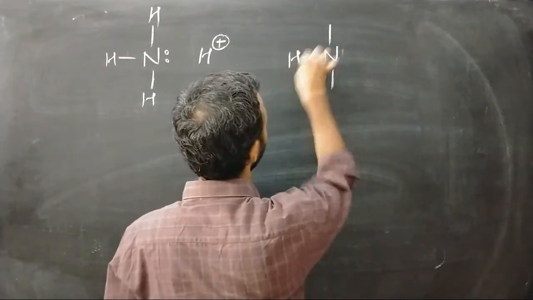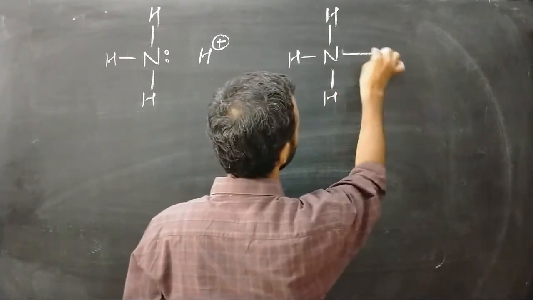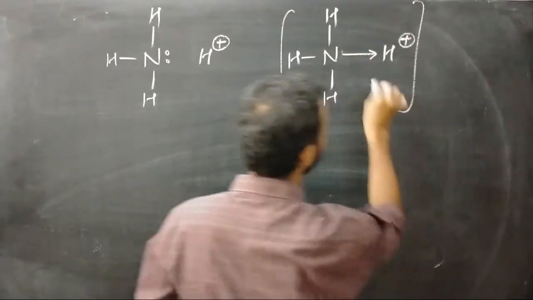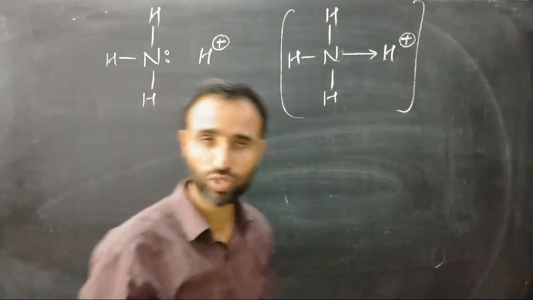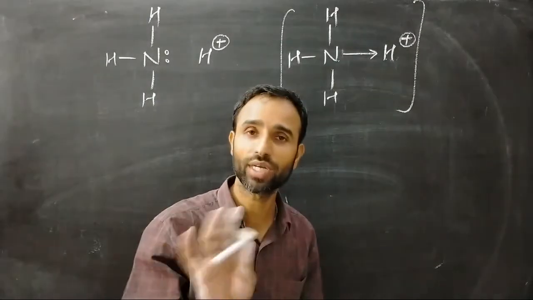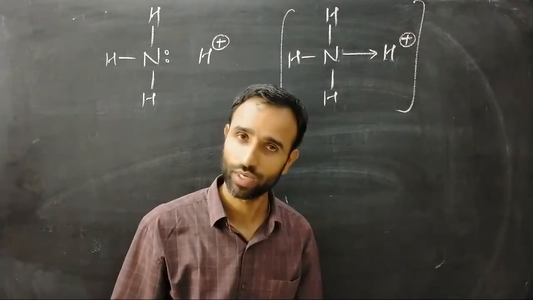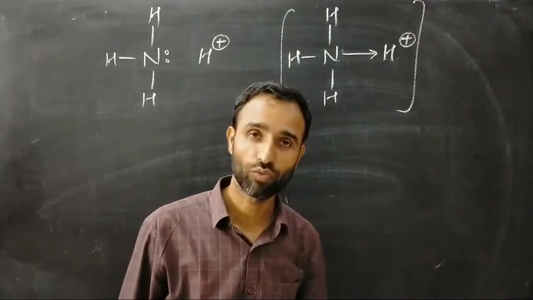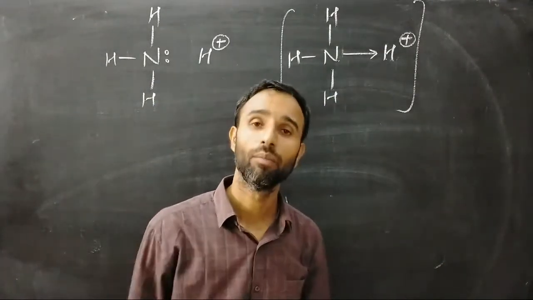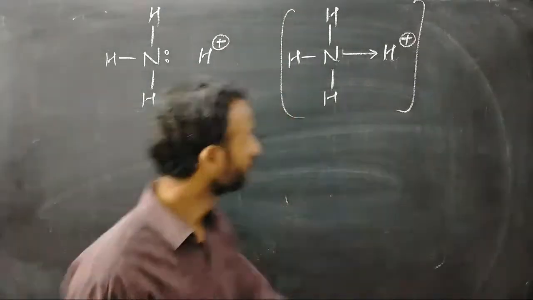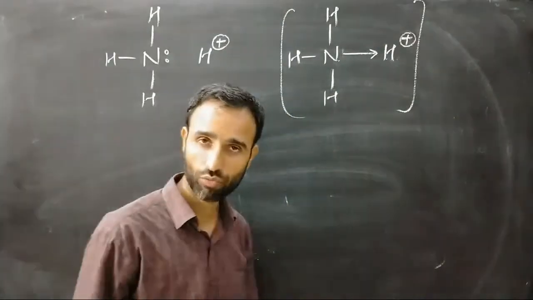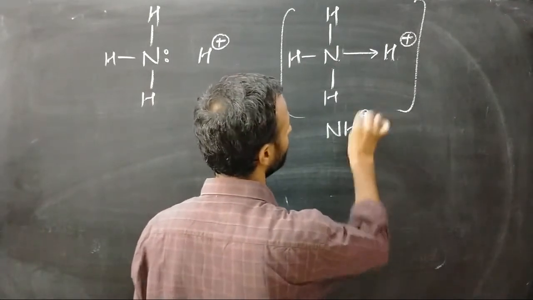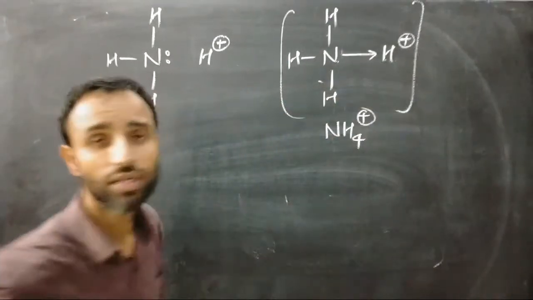So if it forms a bond with H plus, there should be a coordinate bond, because the bond is formed between nitrogen and hydrogen, but hydrogen will not contribute. Obviously nitrogen will give its pair for sharing. So this is the case of NH4 plus. NH4 plus has 3 covalent bonds and 1 coordinate bond.